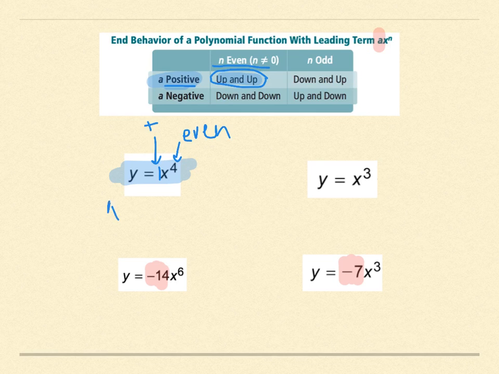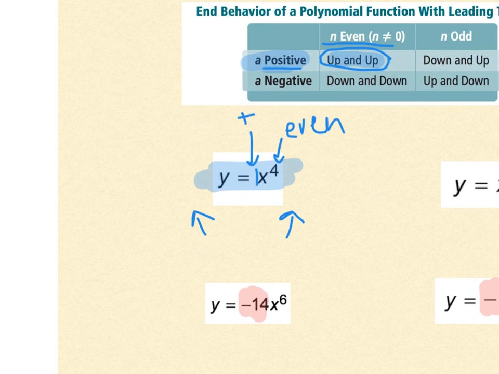So our graph end behaviors will look like this, up and up. So if we had an x squared graph, we know x squared, when the number in front of x is positive, it looks like this. So in the x to the 4th graph, the end behaviors of the graph are going to be the same, but the graph in the middle here will be different, but we're just focusing on the end behaviors.